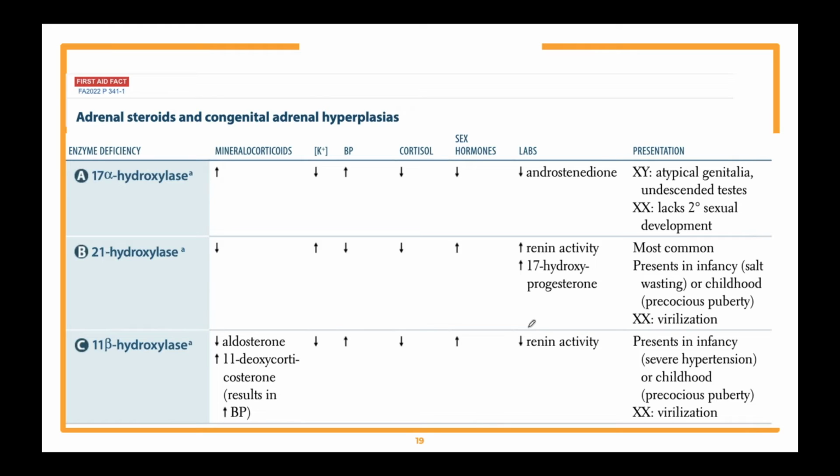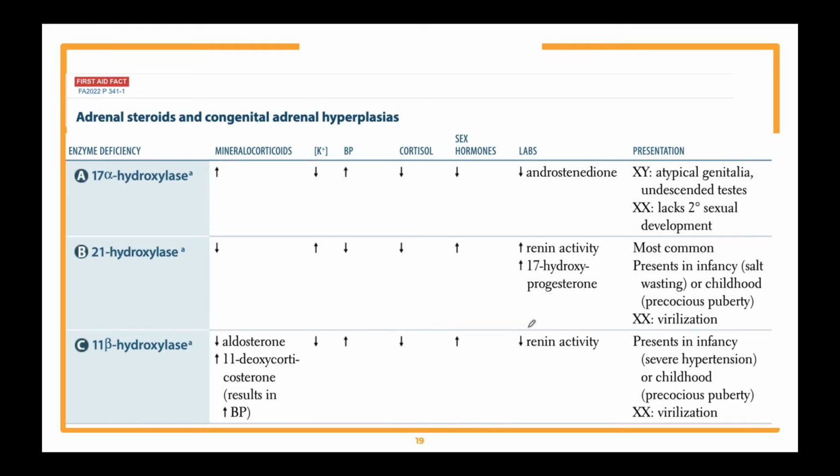One thing that differentiates them is that this patient has refractory hypotension. In 21-hydroxylase deficiency you would have low blood pressure, while in 11-beta hydroxylase deficiency you would have high blood pressure. Thus, we can point to this being most likely a 21-hydroxylase deficiency.